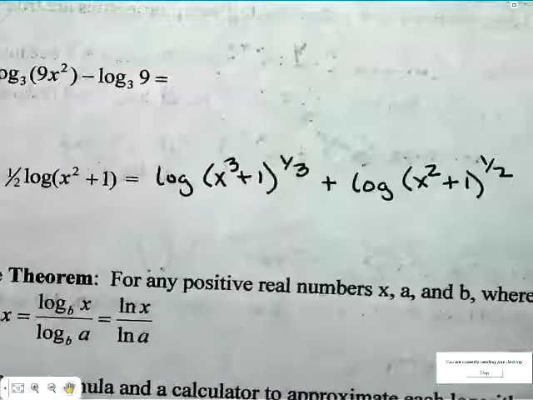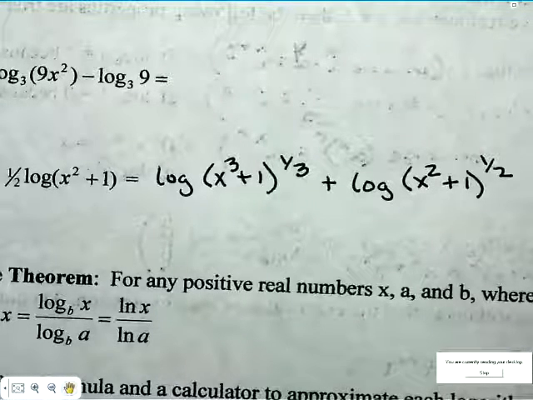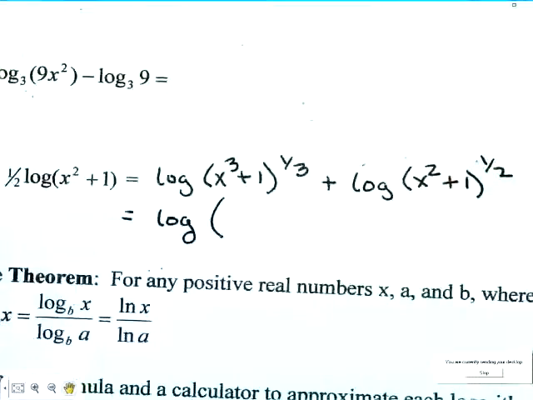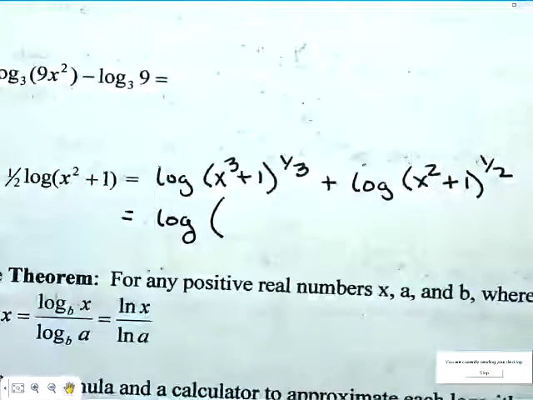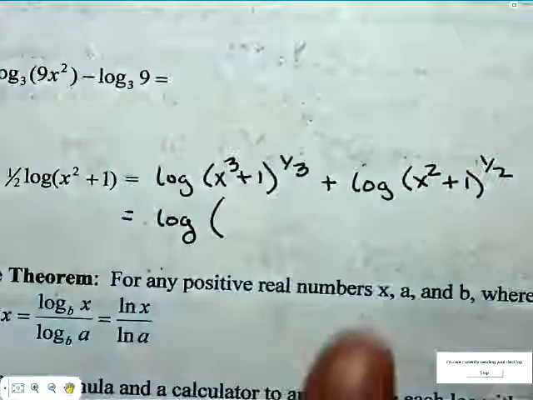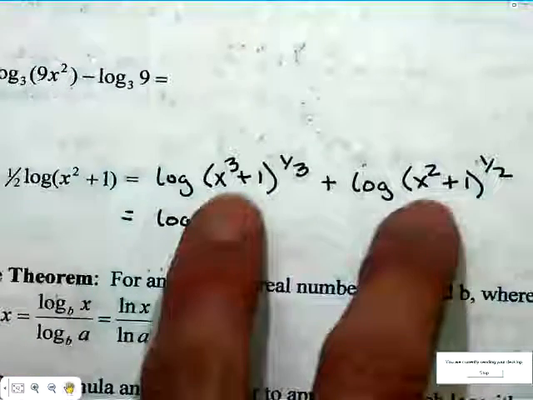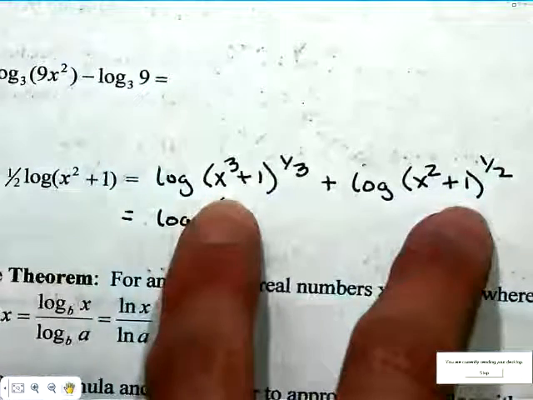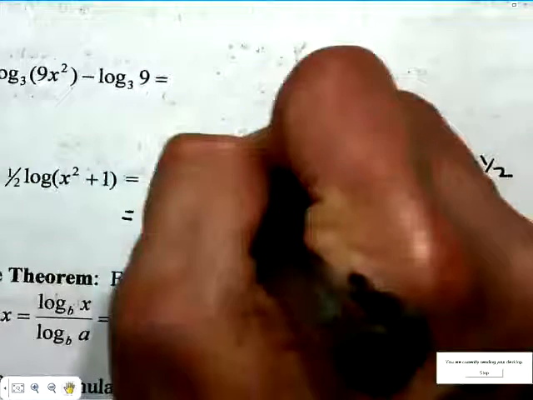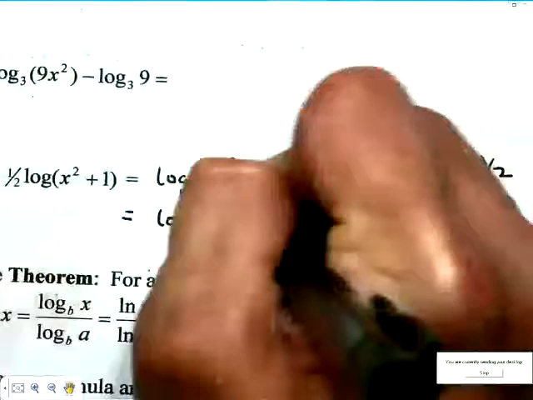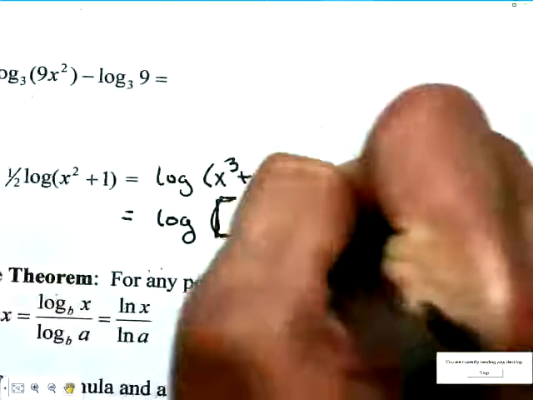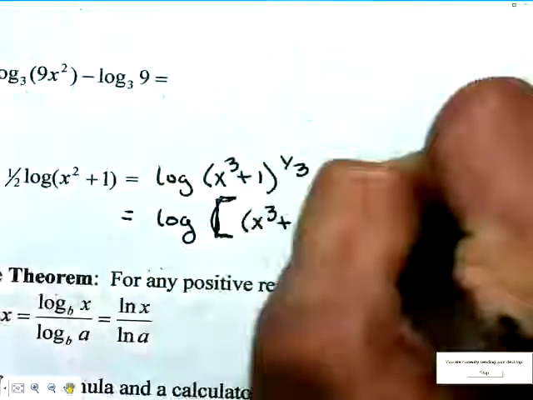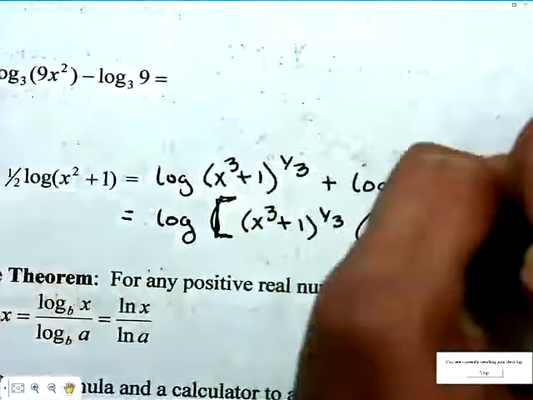No, I still see two logs. I don't have a single logarithm till I put that back together as a product. This is the sum of two logs. Put the sum of two logs back together as the log of a product. I might need brackets here. x cubed plus 1 to the 1/3 times x squared plus 1 to the 1/2.